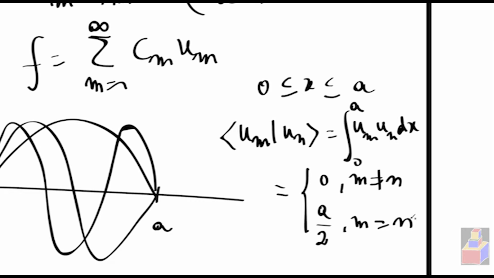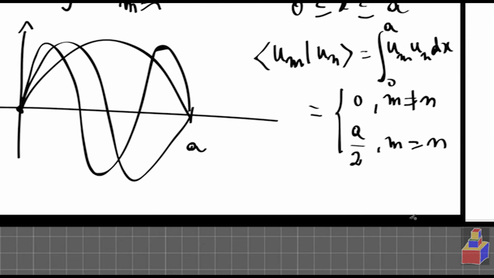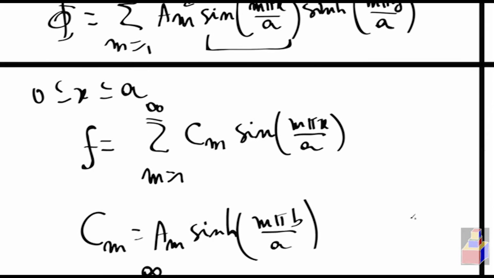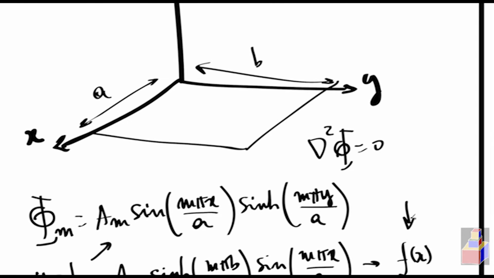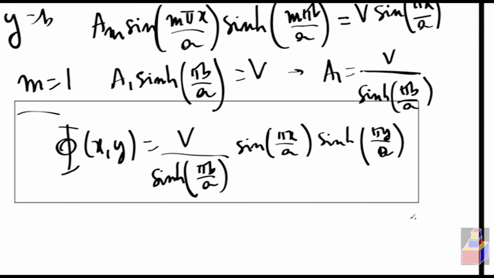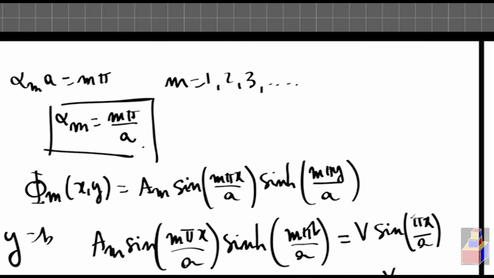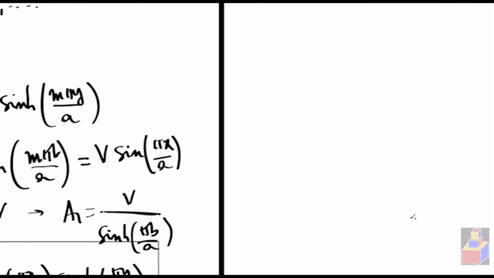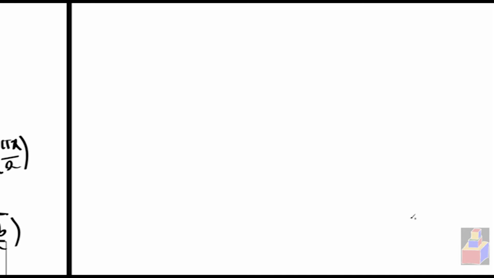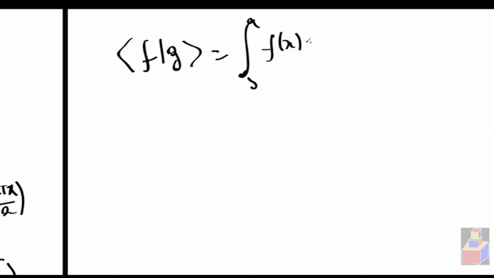So, if we define the dot product in function space as we did in the previous lesson, like this, between two functions f and g, this is a non-normalized eigenfunction, okay? f of x times g conjugate, but these are real functions, so you don't have to take a conjugate here.